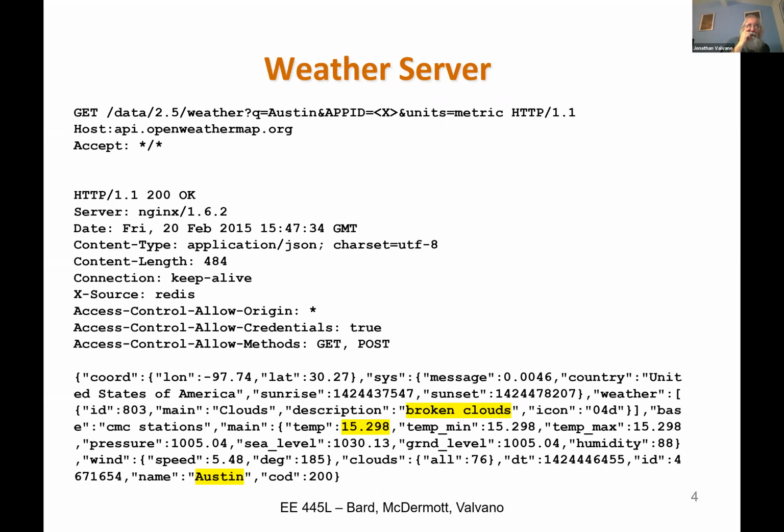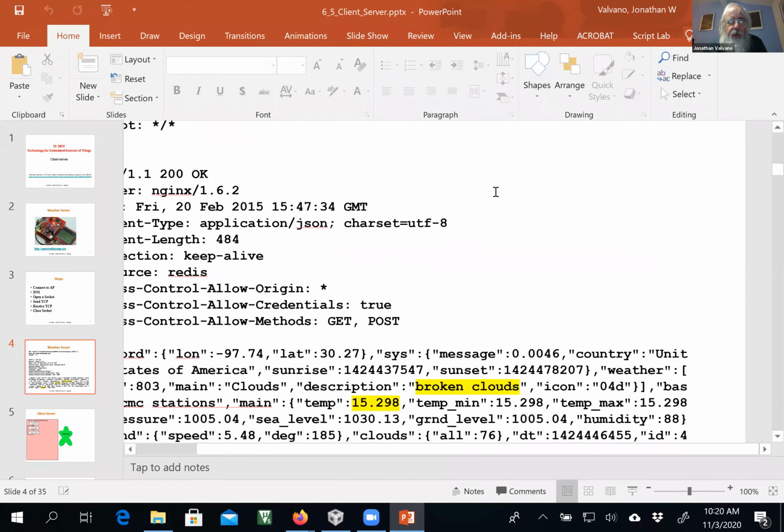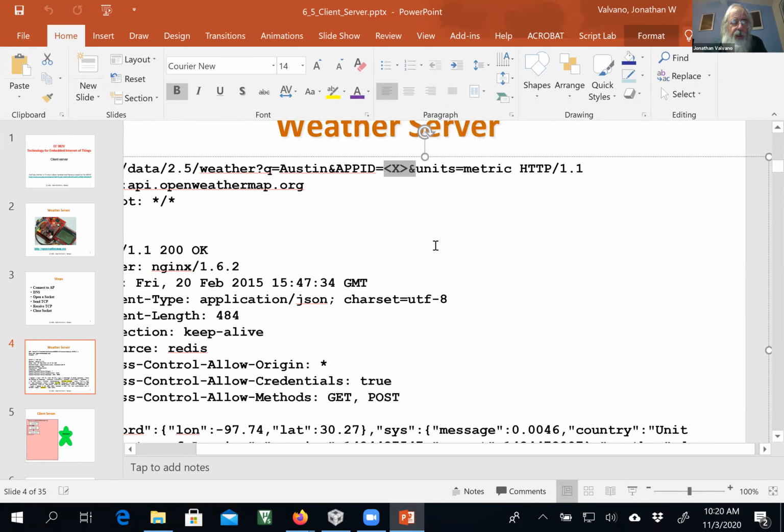On the top is the payload, the ASCII payload, which is sent as a TCP packet. This bracket X here is a code you've got to sign up for, but that's just a placeholder.